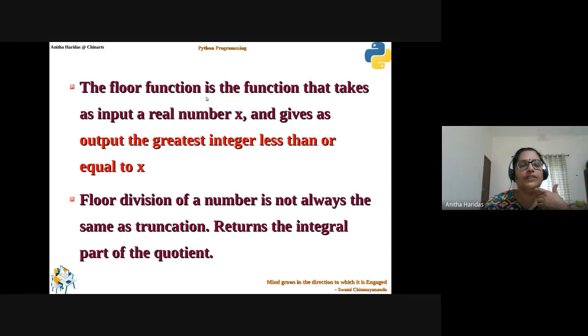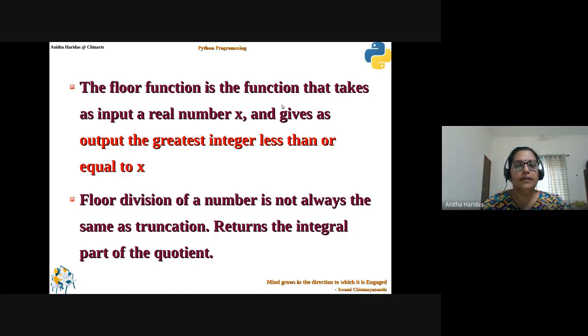Now, the floor function is the function that takes as input a real number x, and it gives as output the greatest integer less than or equal to x. So this is the definition that you have to understand. Okay, so this is the definition that you can have for the floor function.